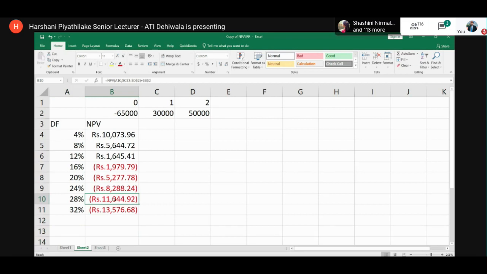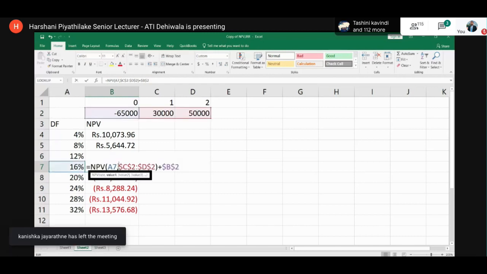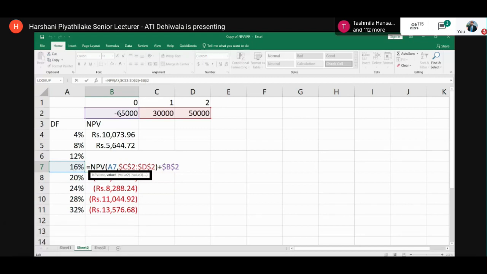Now you can see for 4% it is 10,073, 8% 5,644, then 16% 1,979. See, when you double click, you can see the discounting factor 16% and the cash flow range is this one.